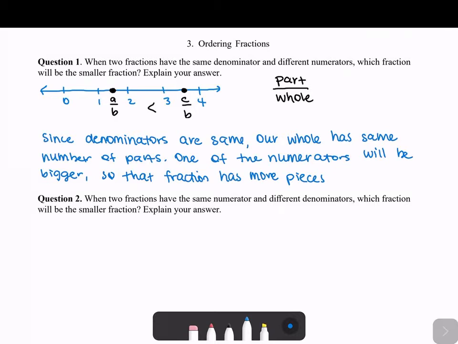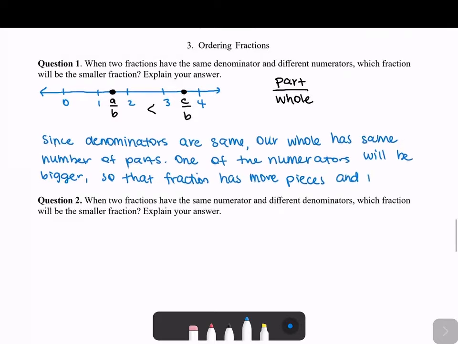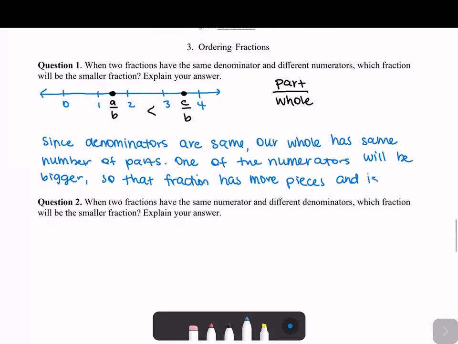And so the numerator that's bigger has more pieces and is larger. So in this case, the fraction with the larger numerator will be the larger fraction, and likewise, the fraction with the smaller numerator will be smaller.